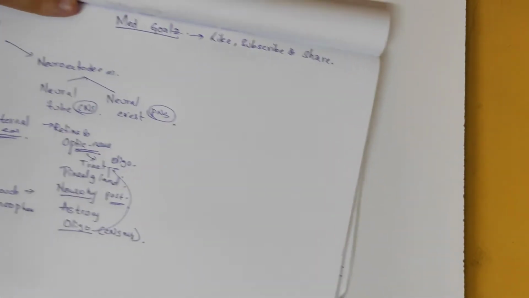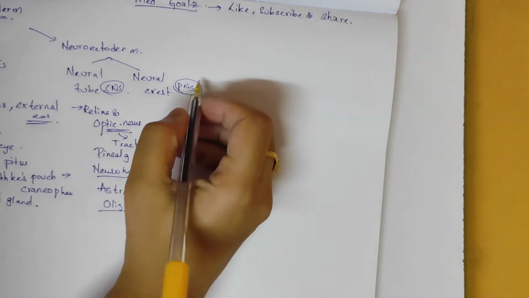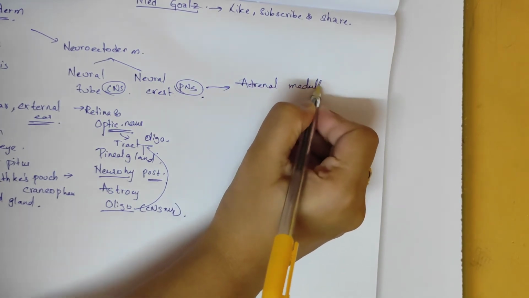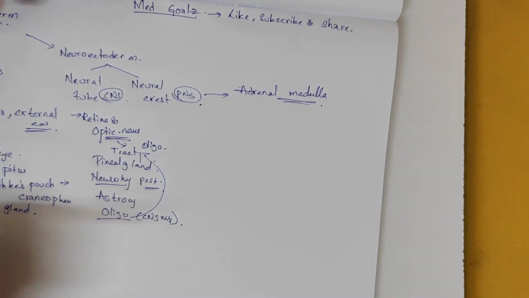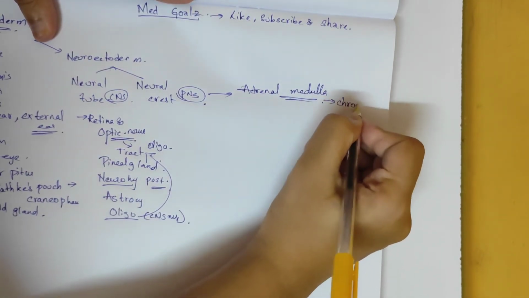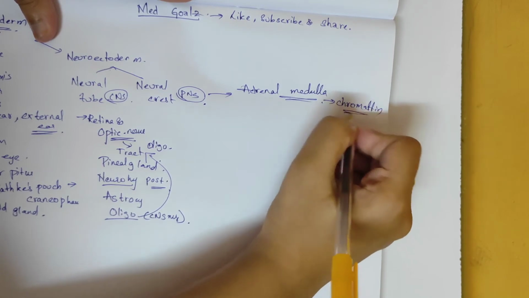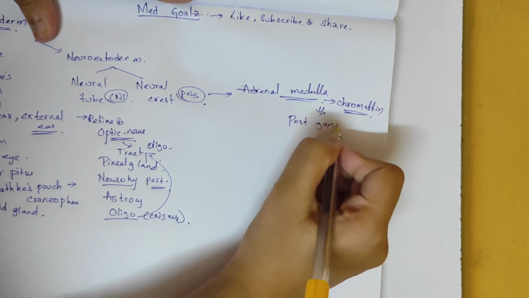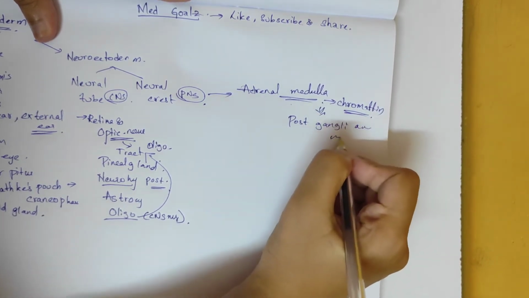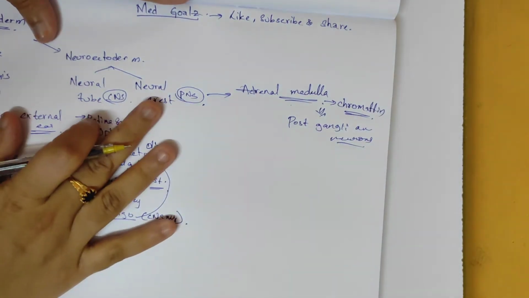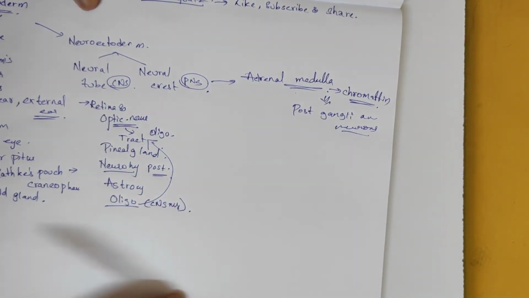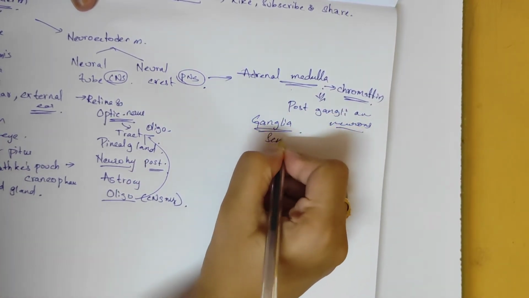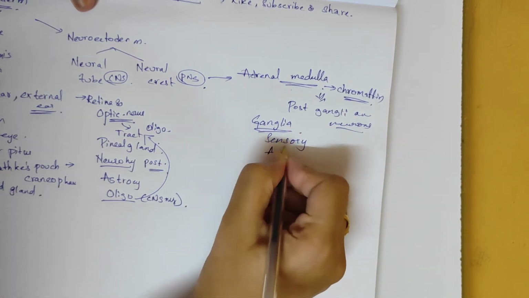And next one is the neural crest. In the neural crest, we have the adrenal medulla. I already repeated that the adrenal medulla is famous for chromaffin cells, which migrate to the adrenal medulla to form postganglionic autonomic neurons. I hope you'll understand, or at least you are listening so that you can note it down. And next, ganglia, which are sensory and autonomic.